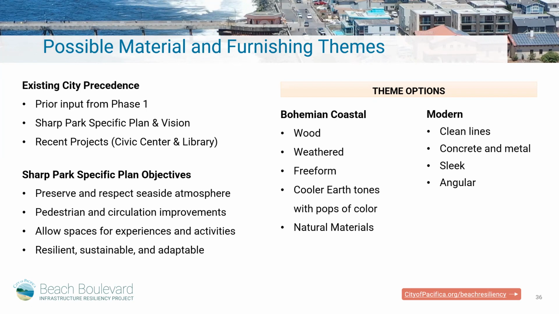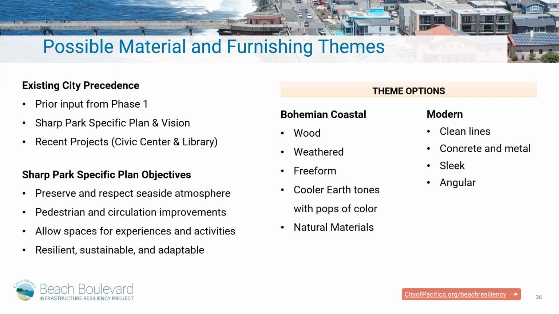So some of the themes that you'll see in that Sharp Park specific plan connect to the themes that you hopefully will have seen running through the proposed promenade concept, which include connectivity, resiliency, sustainability, adaptability, and also the preservation of that seaside atmosphere. So these themes fall in line with that.